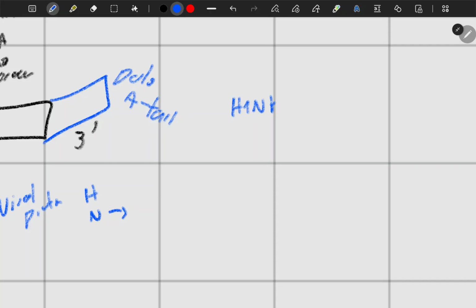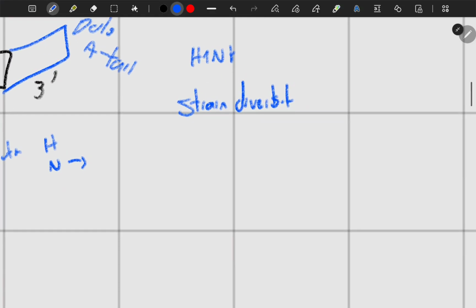Another important thing to consider is strain diversity. We have two examples: antigenic drift, and the other is shift.